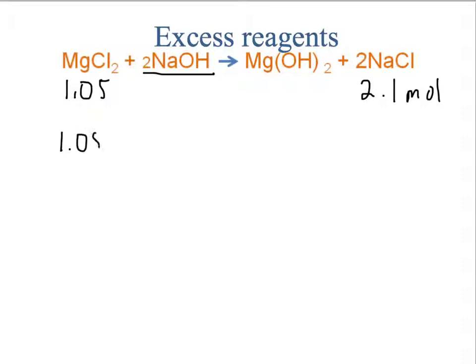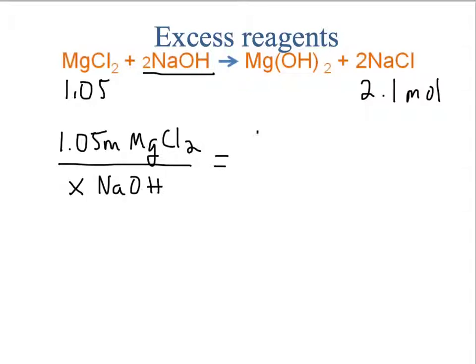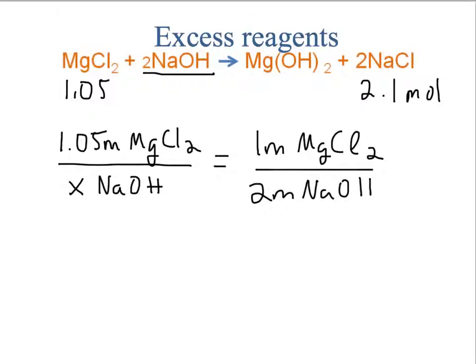So 1.05 moles magnesium chloride to X moles sodium hydroxide equals 1 mole magnesium chloride, which is coming from the balanced reaction, over 2 moles sodium hydroxide, which will yield 2.1 moles of sodium hydroxide used. So the reaction that's limited by the magnesium chloride only uses 2.1 moles of sodium hydroxide.